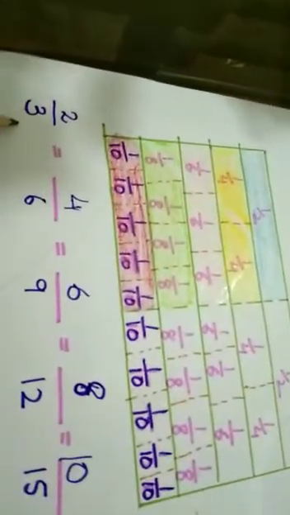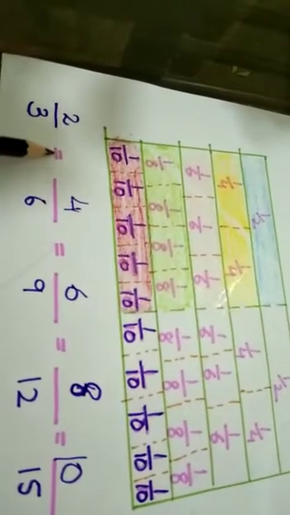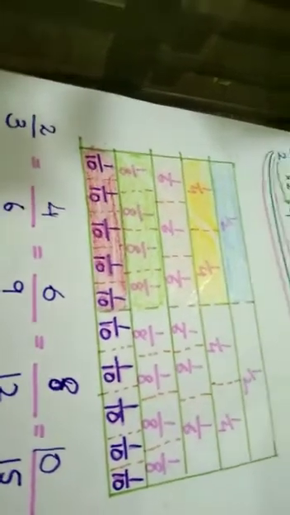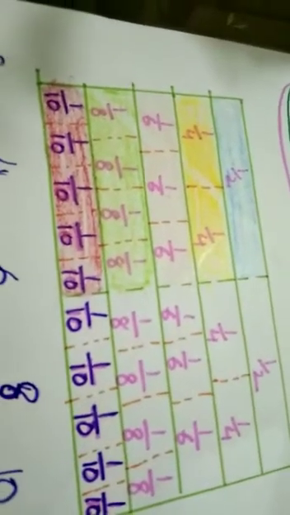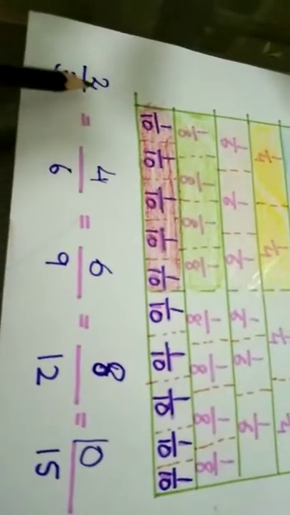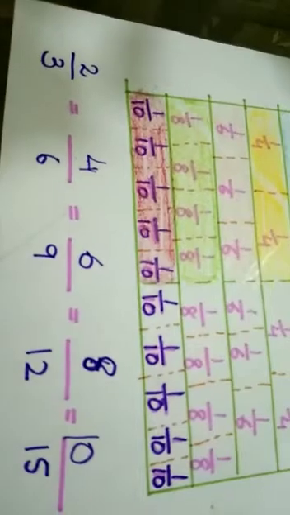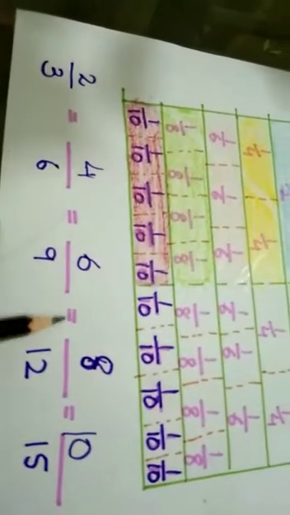I will tell you a trick to determine equivalent fractions. For example, if the number is 2 by 3, first of all you make an equal sign and a bar line. If I ask you to determine 4 equivalent fractions of 2 by 3, you just make the bar lines. If I ask for 4 equivalent fractions, you make 4 bar lines.